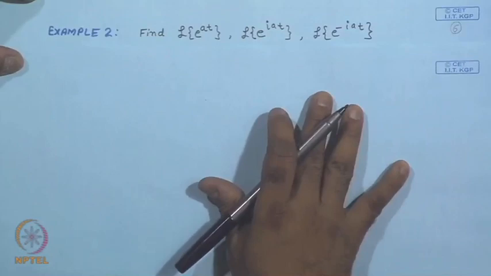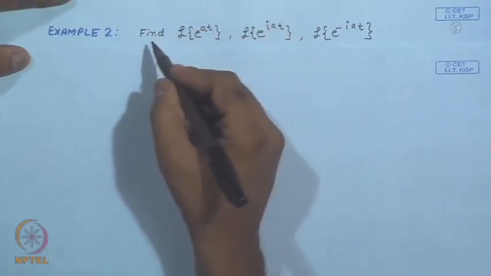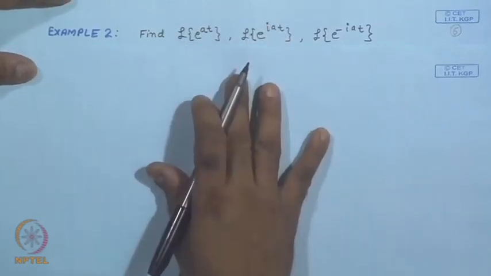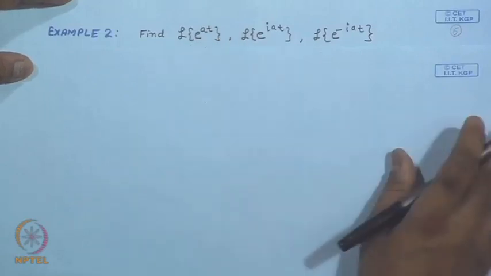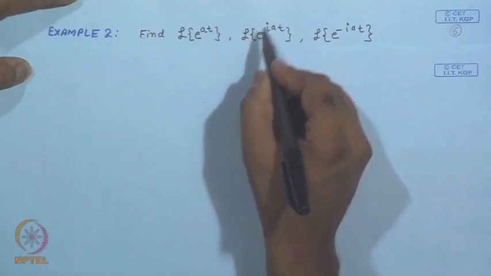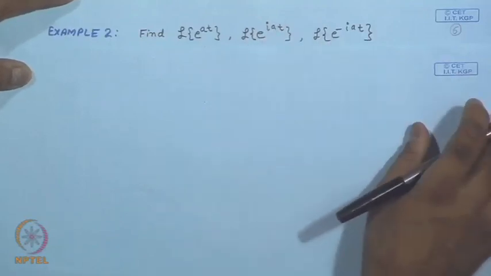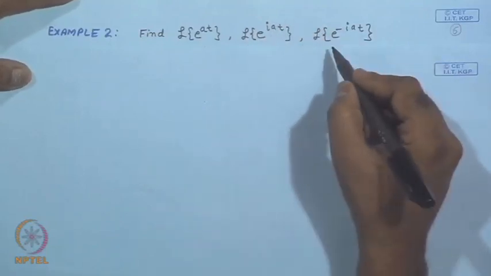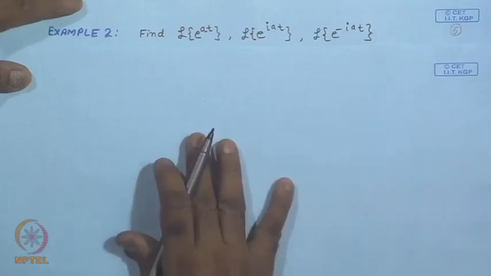So, let us take another example, and that is also very important. This is the Laplace transform of e power a t, or very similarly we can get the Laplace transform of e power i a t and e power minus i a t.